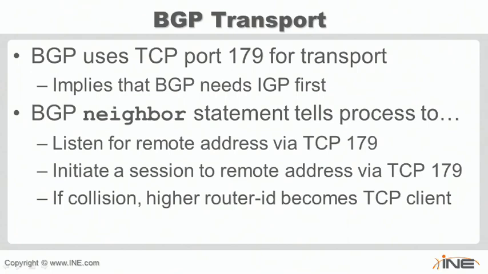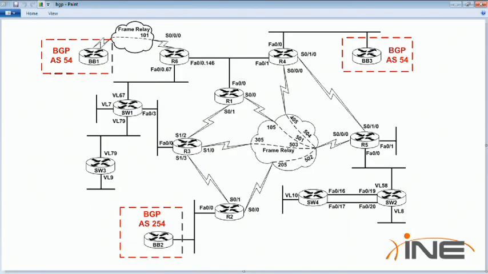So let's take a look at our topology here, where internal to the network, right now I have everyone running IGP, where EIGRP AS 100 is running on all of the transit links and advertising their loopback interfaces into the topology.